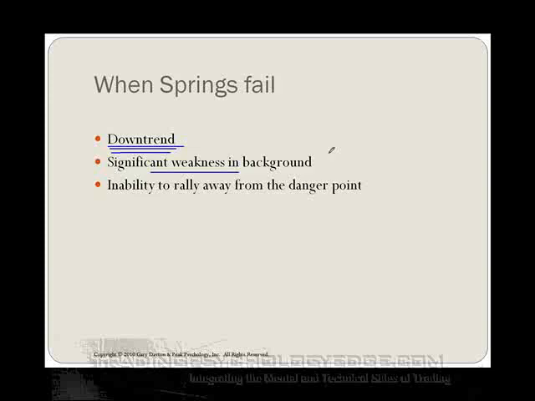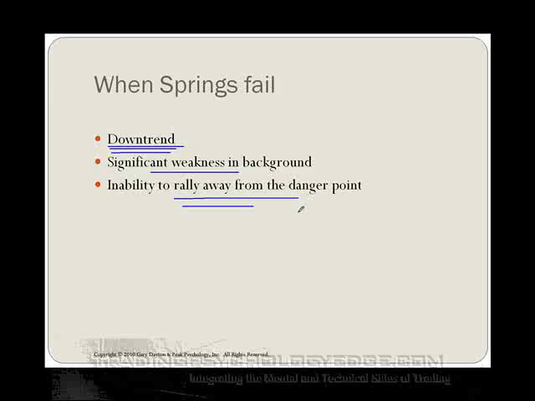And then in any spring, even in an uptrend, if it's unable to rally away from the danger point, it's telling you that it's not going to spring. So you can be in a spring and everything looks good, but if it's not able to rally away from the danger point, the market action is telling you that it's not going to be a spring.